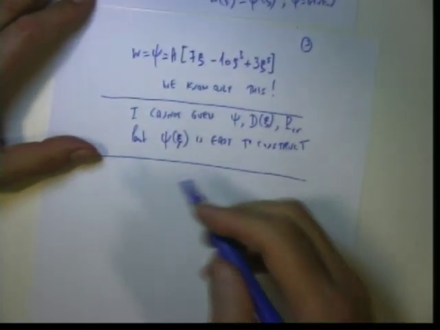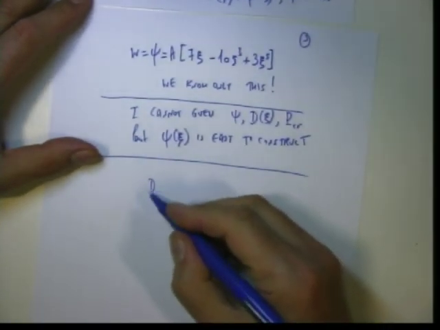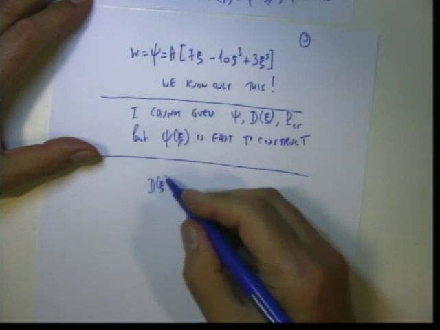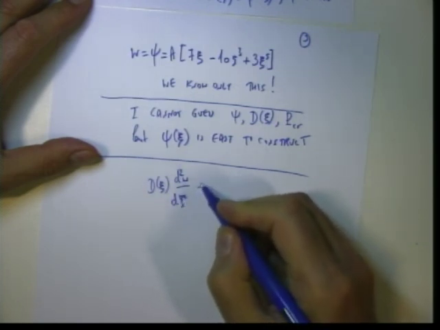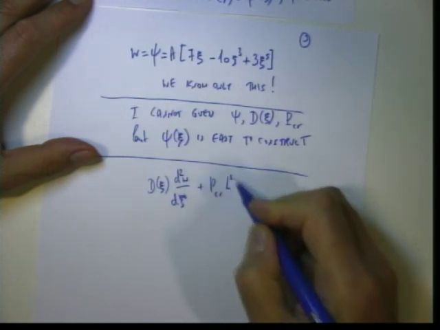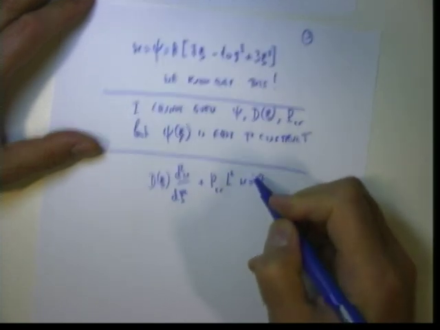Okay, now I have my differential equation, D of psi d2w d psi squared plus P critical L squared w equals 0.